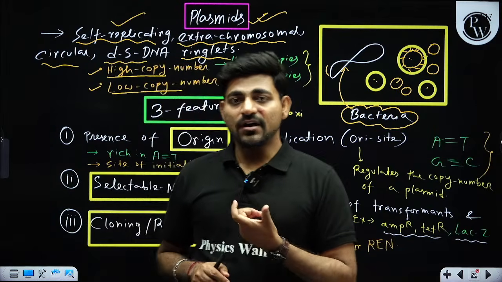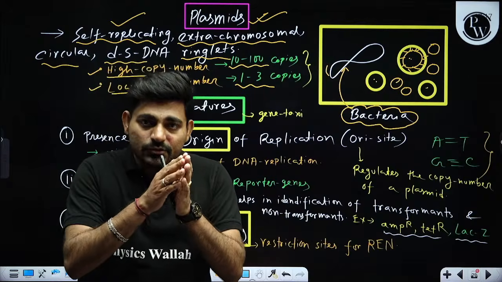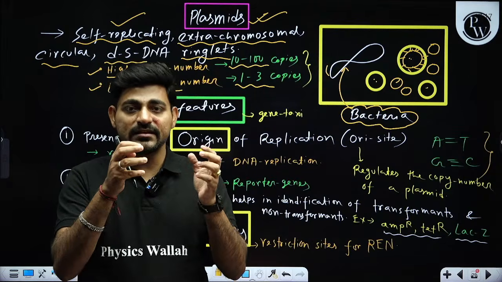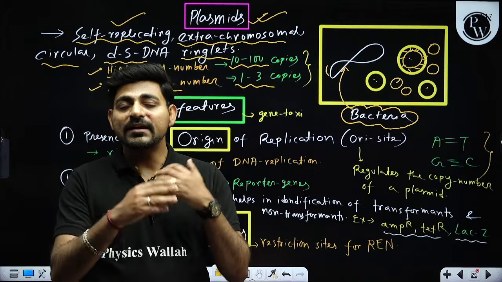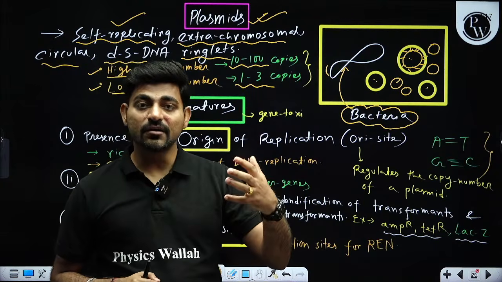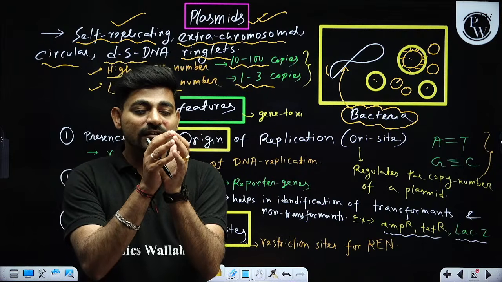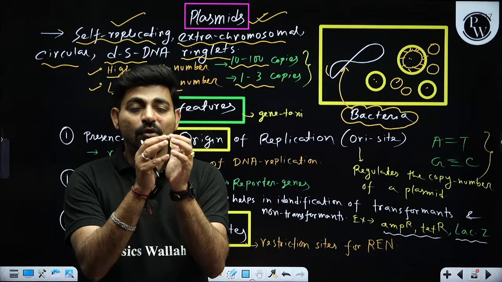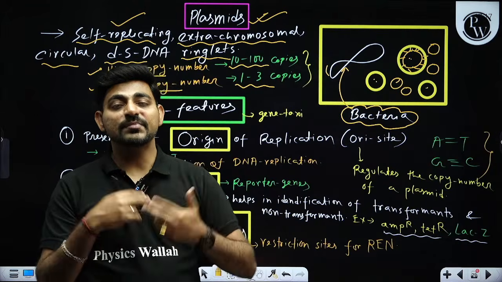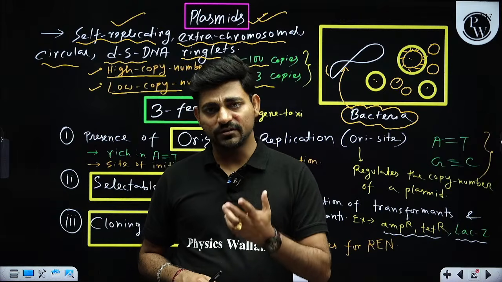Now if the origin of replication is easy to open, easy to unwind, then that particular plasmid will produce multiple copies. If the origin of a DNA is very tough to open, then that plasmid will create a very low number of copies.